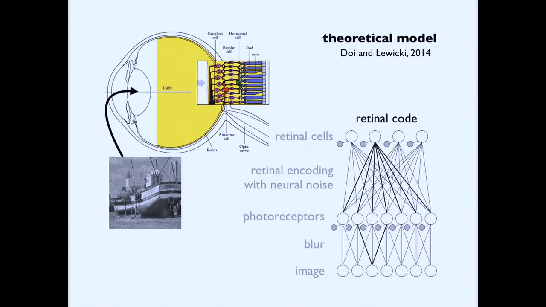So if we view that transformation as kind of an aggregation of all those photoreceptor responses, we can ask, well, what's the optimal way to aggregate those signals into something much more compact, into an efficient neural code? So we do the retinal encoding, and that results in retinal ganglion cells, that gives you a retinal code. And what we can do is compare that code to what we actually measure physiologically.